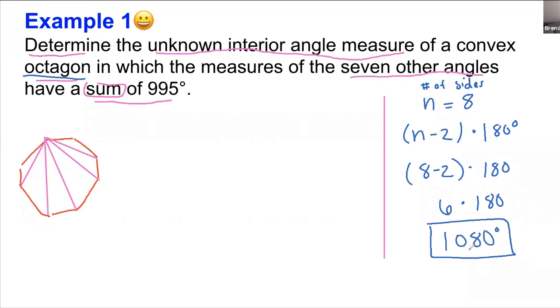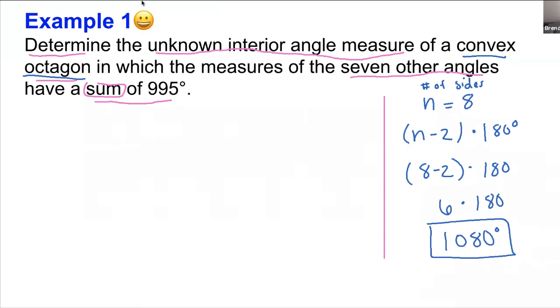So the sum of the interior angles of an octagon is 1,080 degrees. This number will always be the same if our shape is convex, meaning that there are no angles caving into the shape. Okay, so let's see what else is given. 7 other angles have a sum of 995 degrees.